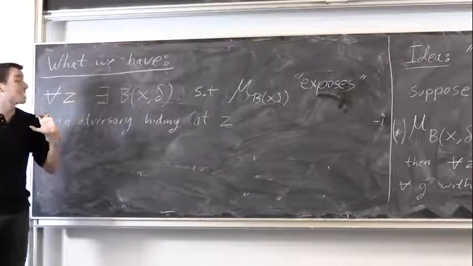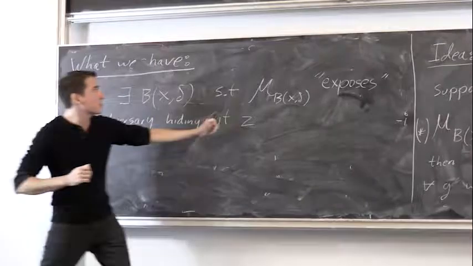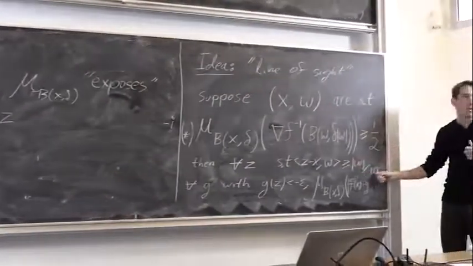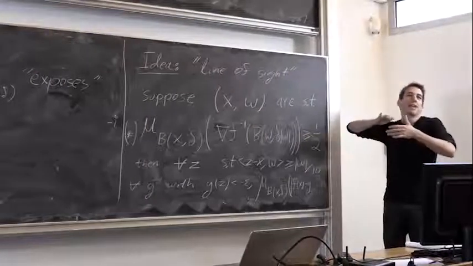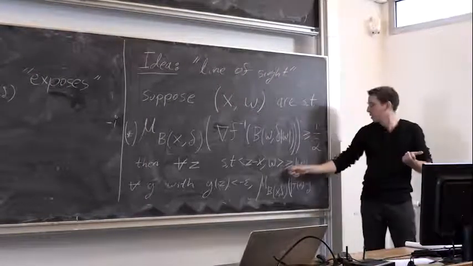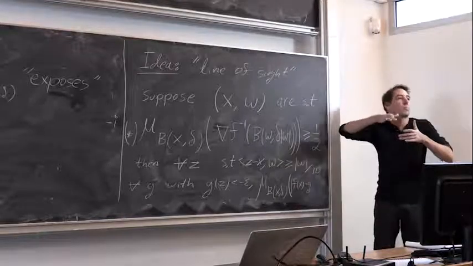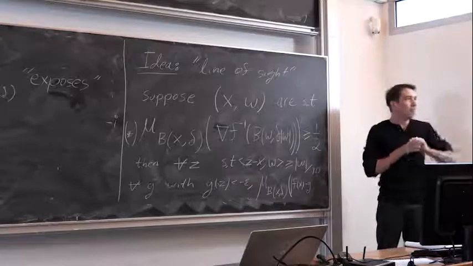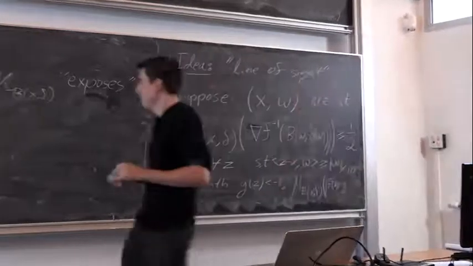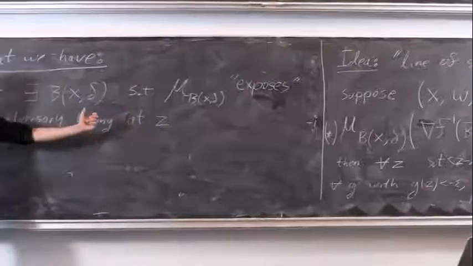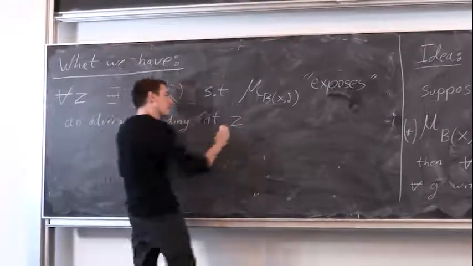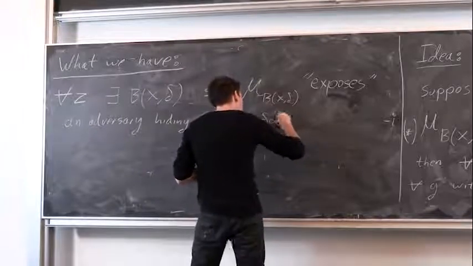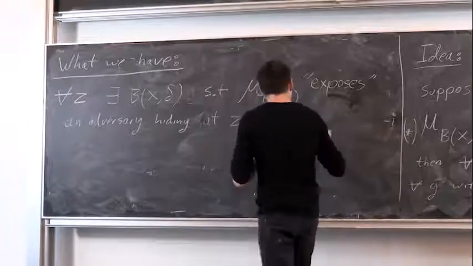Well, this is not exactly correct because we have some kind of deficit here. We need the gradient not just to be correlated. It's not enough that it's bigger than 0, it actually has to be bigger than something slightly bigger than 0. Therefore, it doesn't really expose the adversary hiding at z. It exposes the adversary hiding at z prime for some z prime which is close to z.